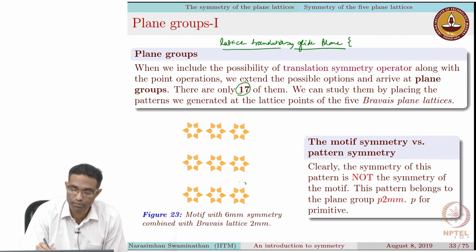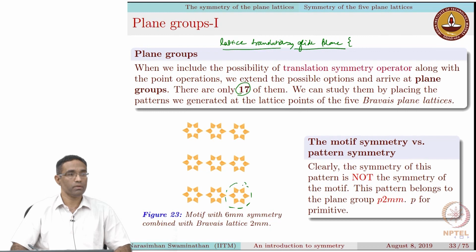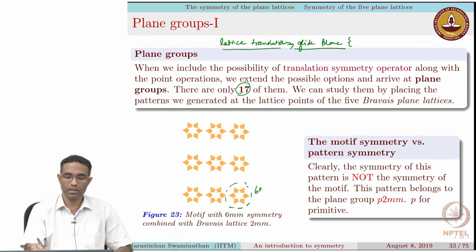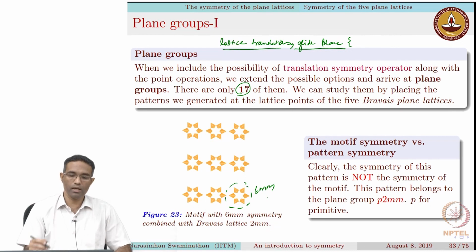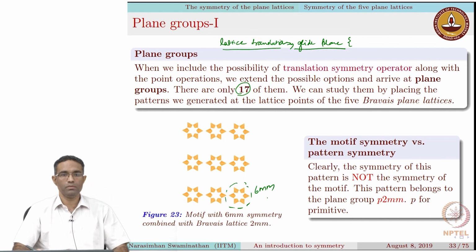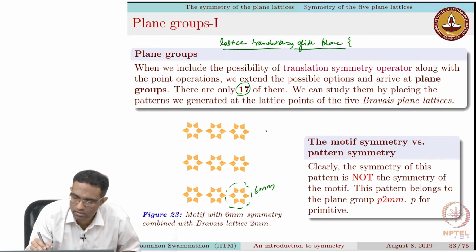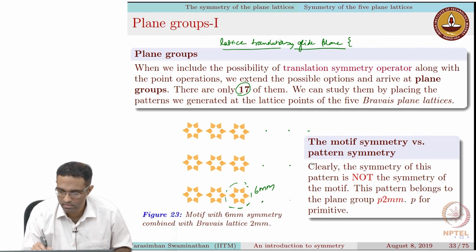So the motif, what is the symmetry of the motif? Just 6 mm, right? 6 mm. What is the symmetry of the Bravais lattice? 2 mm. Okay, so 2 mm just means a rectangular lattice.